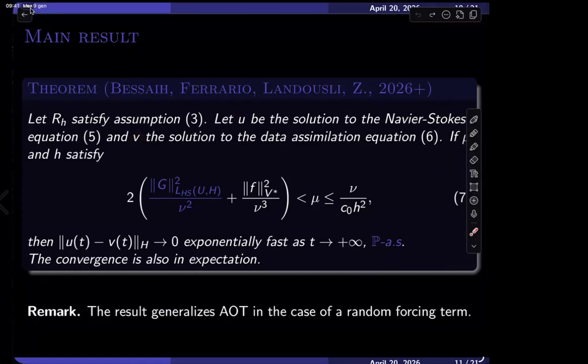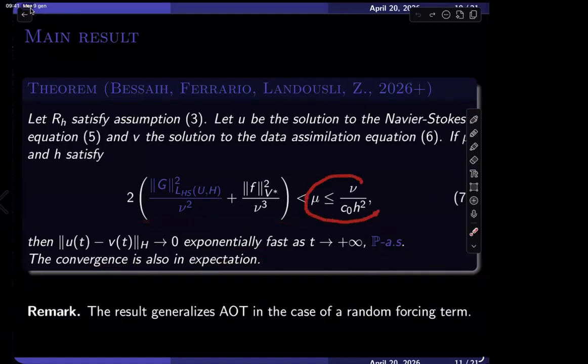Also in this case, if mu and H satisfy suitable conditions, then we are again able to prove that the solution to the approximating system converges to the solution of the true system when time goes to infinity, also in our case exponentially fast, and our result holds P-almost surely. So for almost every trajectory we have this kind of convergence, and we can also prove that the convergence holds in expectation.